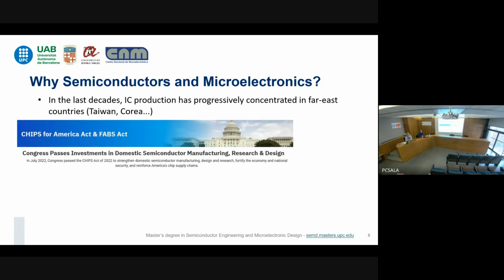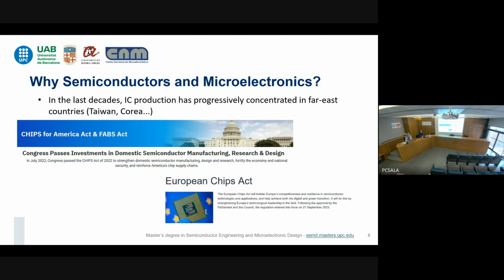Starting with America in 2022, America delivered this CHIPS Act, with a program with lots of investment to attract semiconductor industry to the USA, and actually there are a number of fabs now being built in America. One year later in Europe, there was a European CHIPS Act, once again with a large investment program in semiconductors, in design, in academics also.